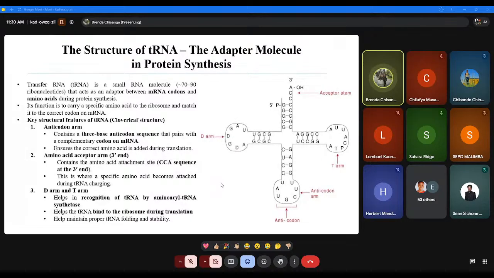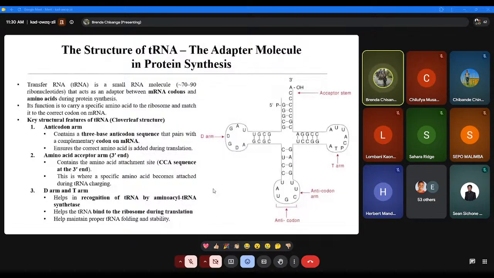So when we say the tRNA has a codon, it means it also has a sequence of 3 nucleotides in this arm. This sequence of nucleotides, which we're calling a codon, is referred to as an anticodon. Now, anti means that it is complementary to the codon on the mRNA. I hope I can explain that better in the next slide.